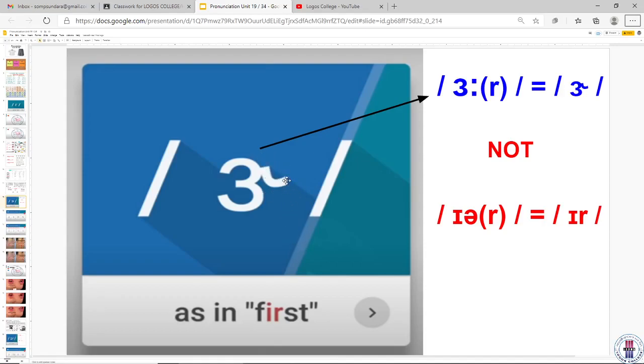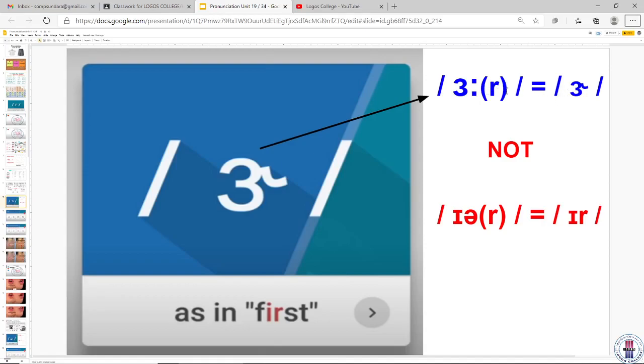This little hook right here means that it's an R-colored vowel sound. And in American IPA, they like to use this little hook for the 7 R-colored vowel sounds. So this is a sound as in first. Here's how you see it in your book. And when I give you homework, this is how I will write it, just the way it is in your book.